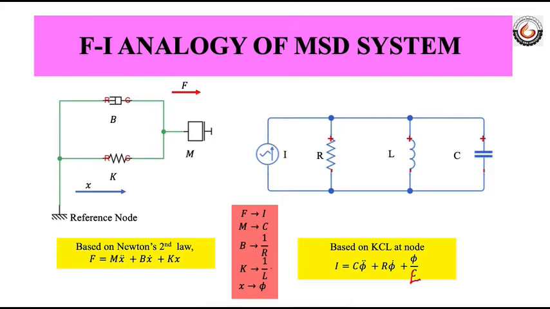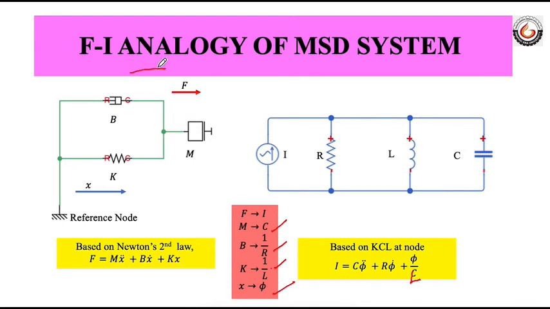Now force is analogous to current, mass is analogous to capacitor, B is conductance, or inverse of resistance, and spring corresponds to inductor, where K goes to 1 by L. Finally, the basic system variable, the displacement, now corresponds to flux, and that is the reason we call it the force to current analogy.